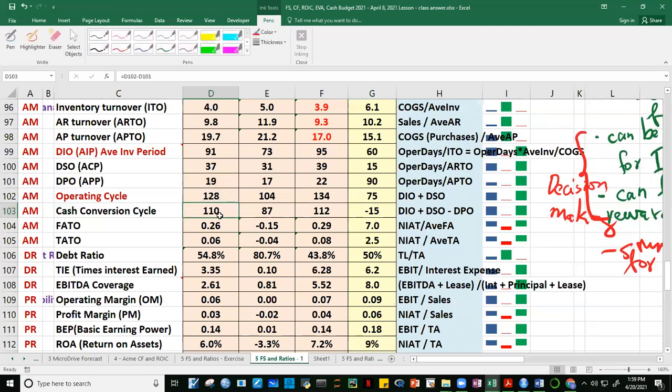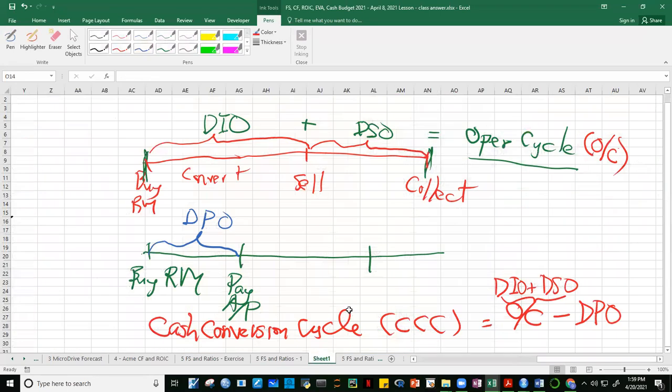Ito, this is 110, 87, 112, while the competitor has 70, negative 15. Okay, how do we make sense out of this? Negative 15 yung competitor natin, tayo 112. Tumaas pa tayo compared to 2019, 87 lang. Okay, balik tayo sa diagram natin.